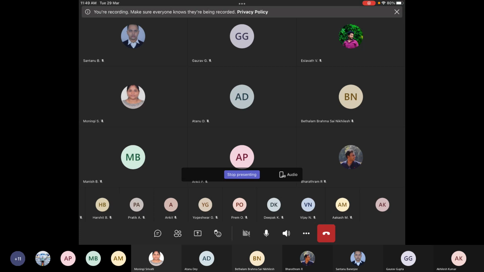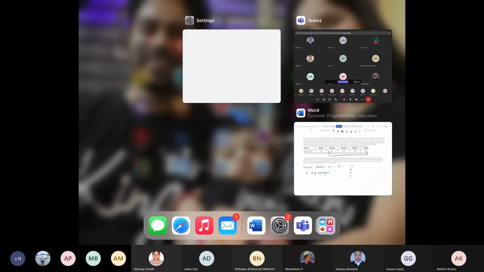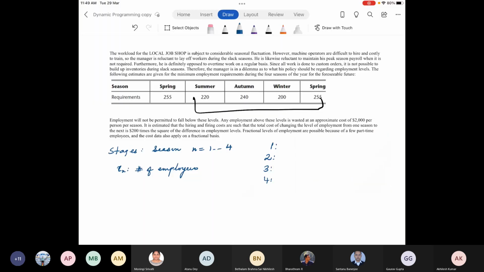Anyway, so tell me, the peak season requirement equals 255. Do I need to keep the minimum or maximum for spring?